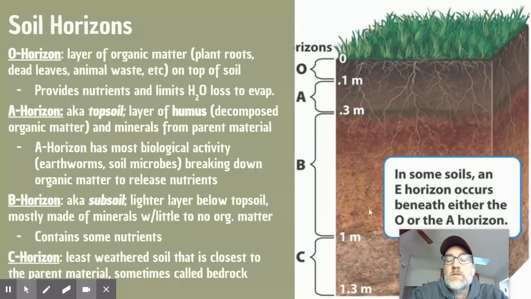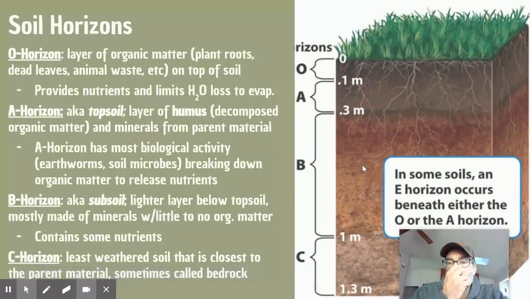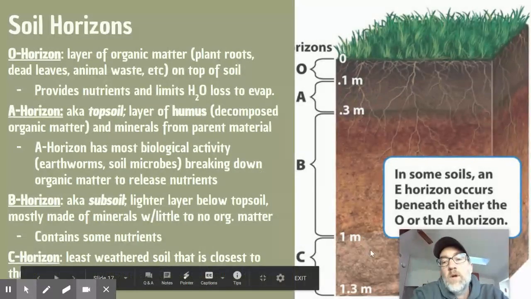B horizon is considered the subsoil. Usually there's less nutrients, made of minerals. There might be more minerals from the parent rock, but not usually as many organic compounds. C horizon, this is the parent material that has been the least weathered and it's mostly rock.